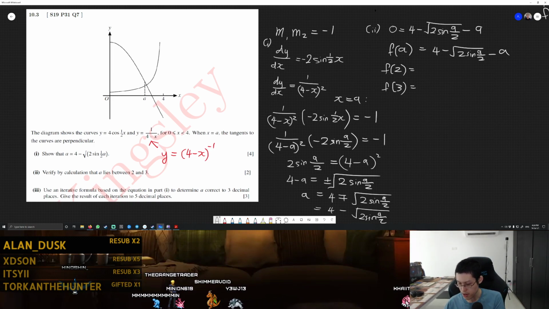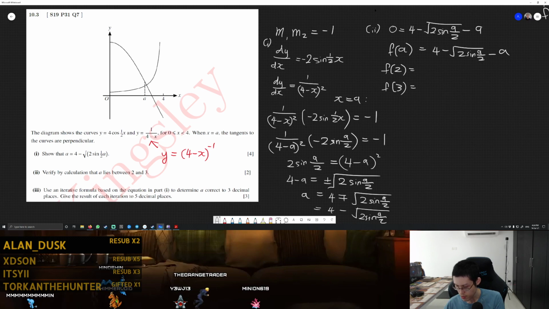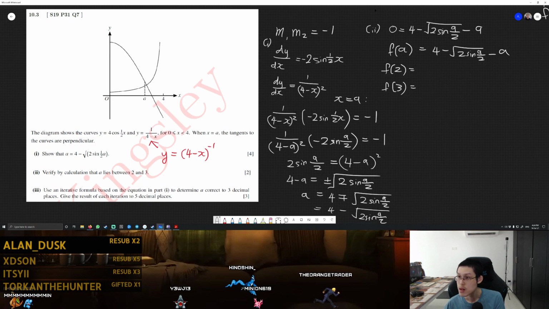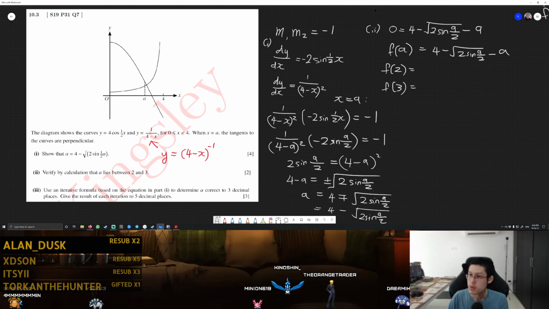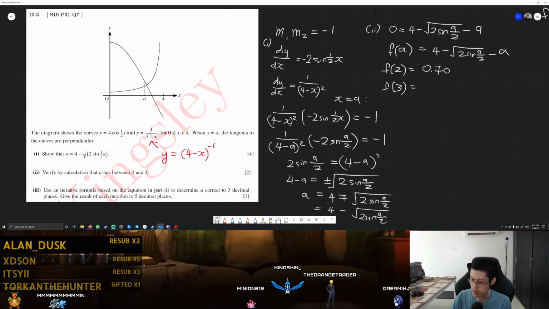Okay, so we have square root of 2 sine 2 over 2, so it's 1. Make sure it's in radians, by the way. So we get 0.7027.